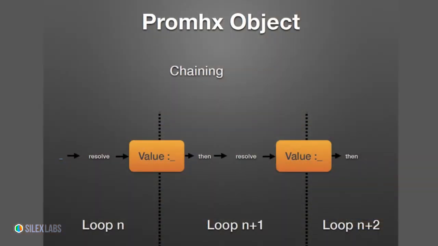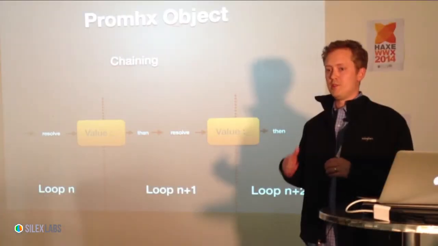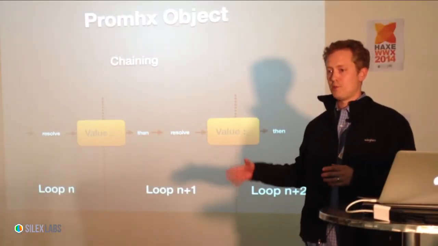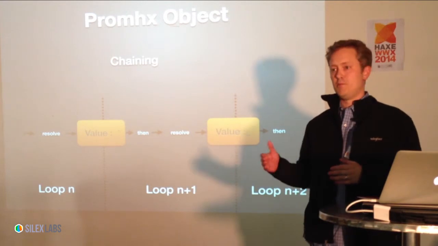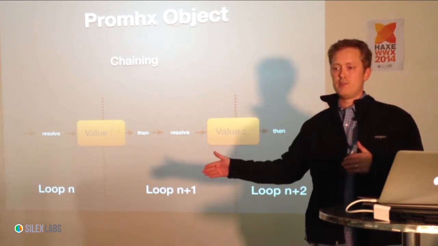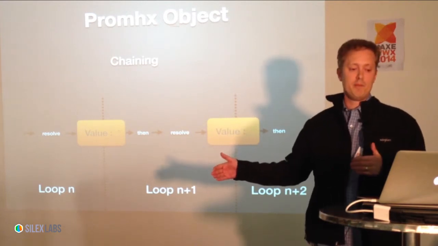So now that I've talked about how values resolve over time, you can extend that notion to how values can be chained together over time. You can spread out calculation over multiple objects, and by doing so, you're separating things out in time.